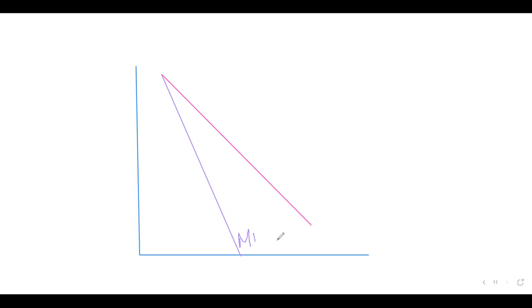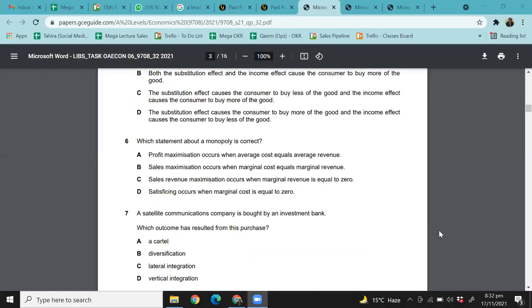And this was your average revenue, which is also called the demand curve. So when your marginal revenue touches 0, that is the point when your total revenue is maximized. Got it?